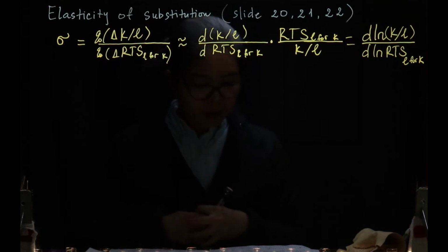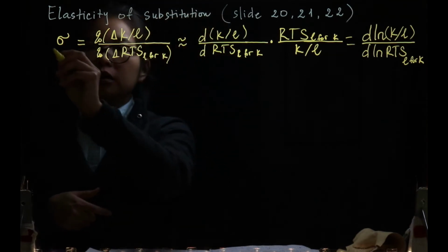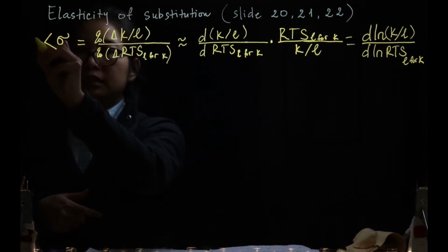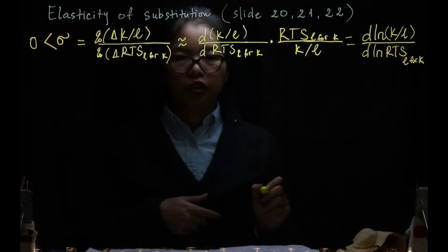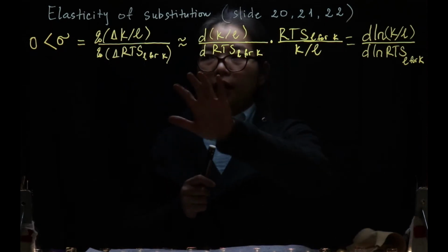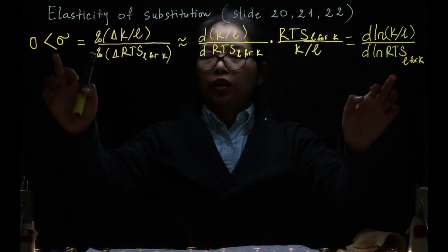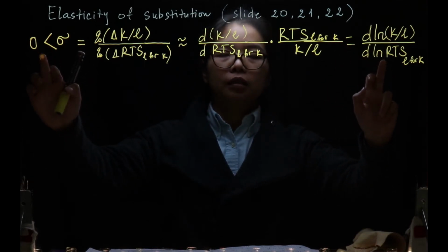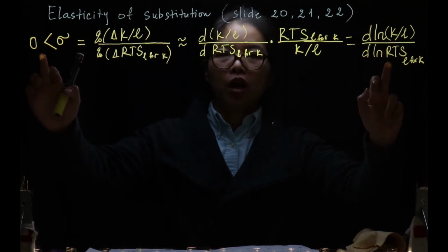And one thing to notice is that this elasticity is larger than 0. These two things, why it's usually larger than 0 and why we can take the derivative of the natural log, I will show you now.